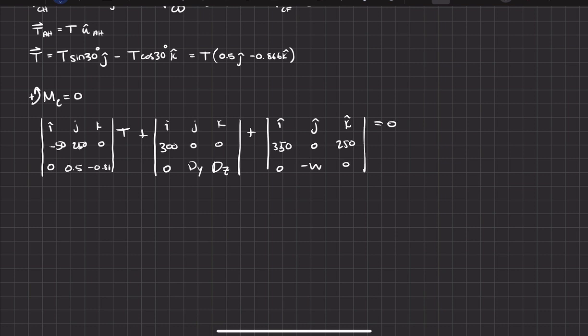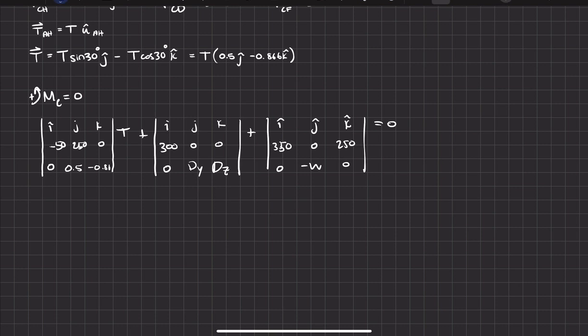Then we can solve for these. The way you solve the cross product, in case you need a refresher, is you cover up this, multiply these two entries and then subtract them with this. Because there's a 0 here, it subtracts with 0. So your i component will just be 250 times negative 0.86.